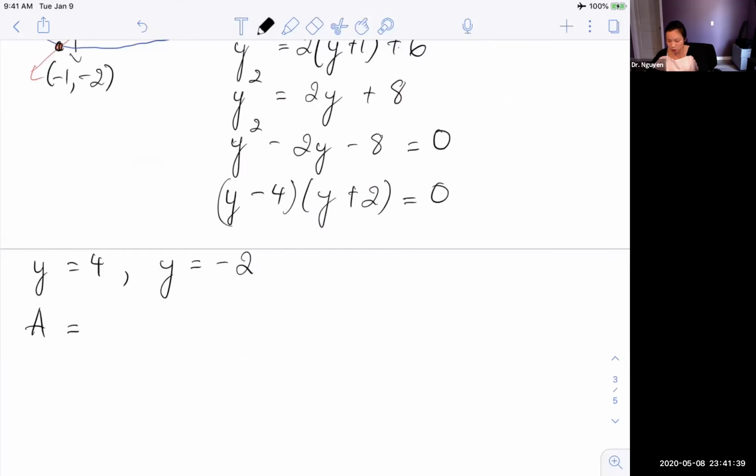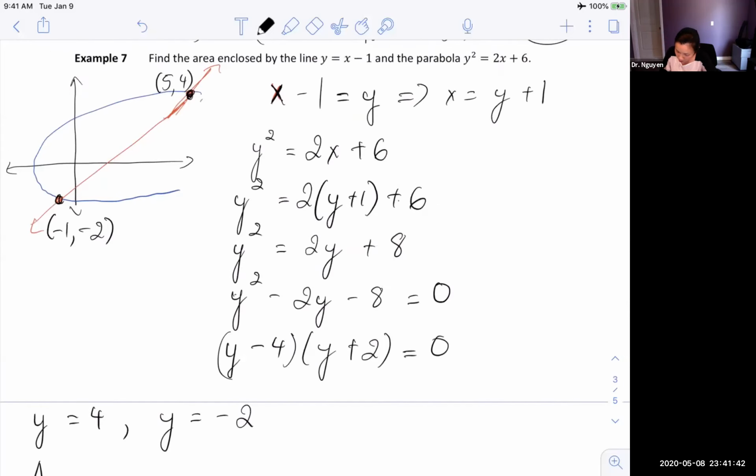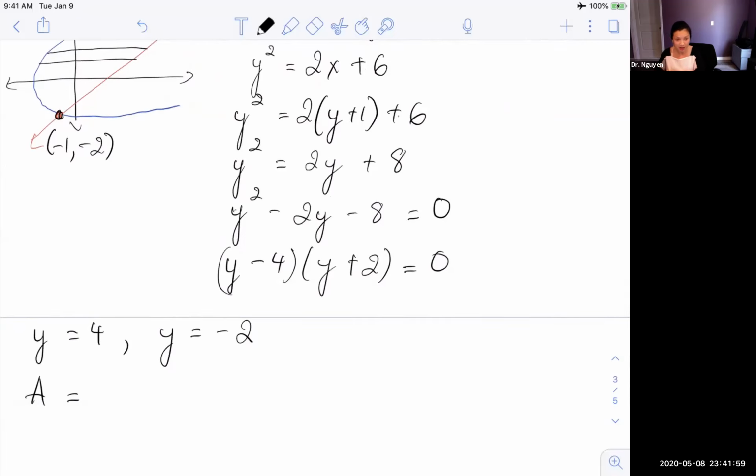Now, since we're sliding this way, I'm going to have the strip like that, this way, right? So it's cutting the y-axis. So when you integrate, it's going to be dy instead of dx. So the area is going to be from C to D, and then we have the right curve and the left curve, dy.